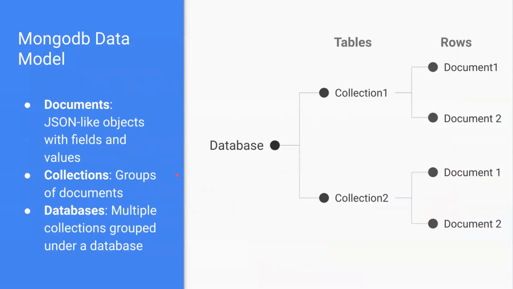So let's talk about the data model of MongoDB. Let's start from the back. Documents, in analogy, can be compared to rows. For example, we have a table of shoes.